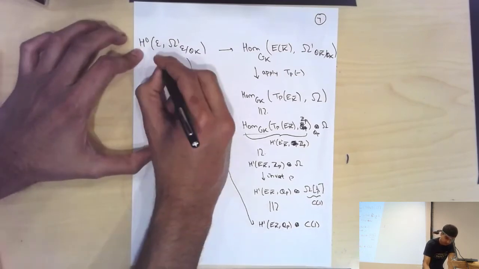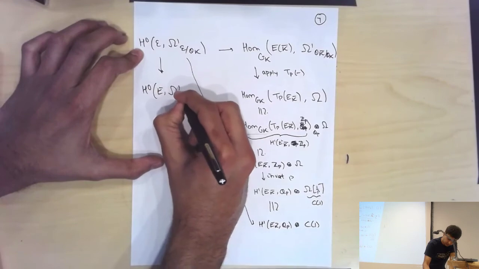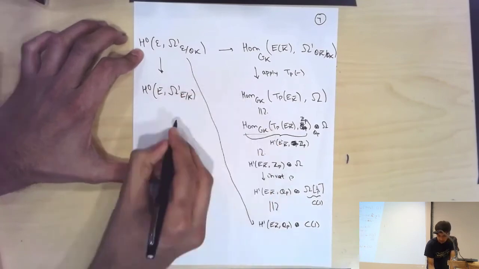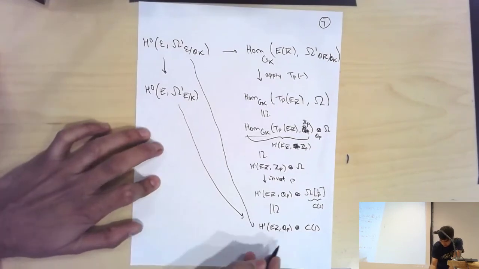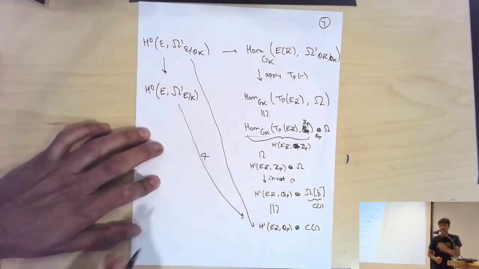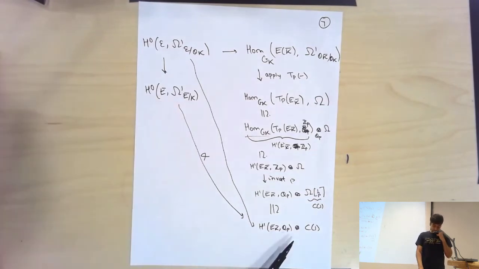So it gives you a map from H0 of one forms on the elliptic curve over K into the étale cohomology with coefficients in Q_p tensored with C_p of 1, and this was what the map alpha was. And so this is the construction of the map alpha relating one forms to étale cohomology.